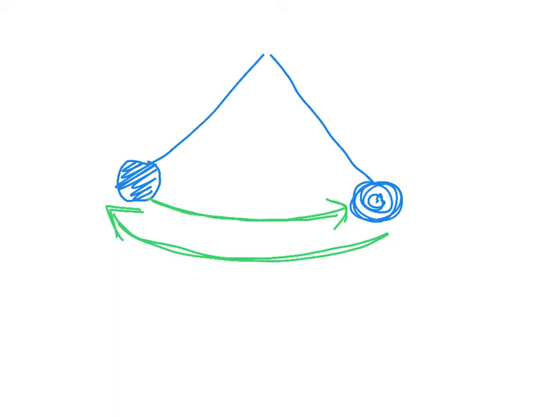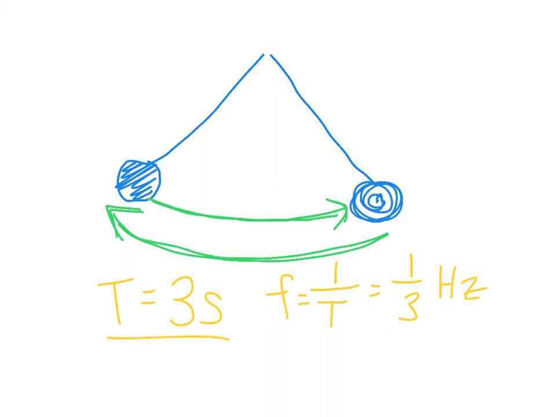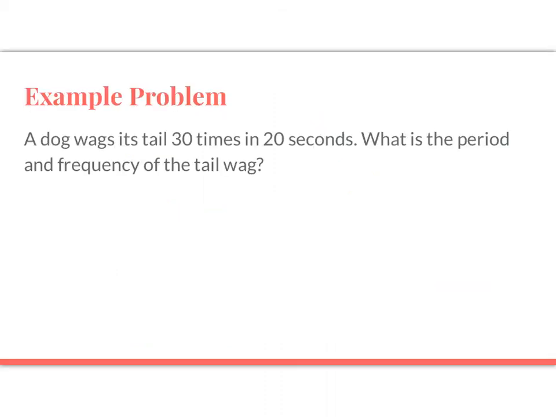So we might be able to test this and tell that our period is equal to 3 seconds. And we can actually just take that data using a photo gate or other technology. Now, if I want to figure out my frequency, it is 1 over the period, big T, so 1 over 3 hertz.